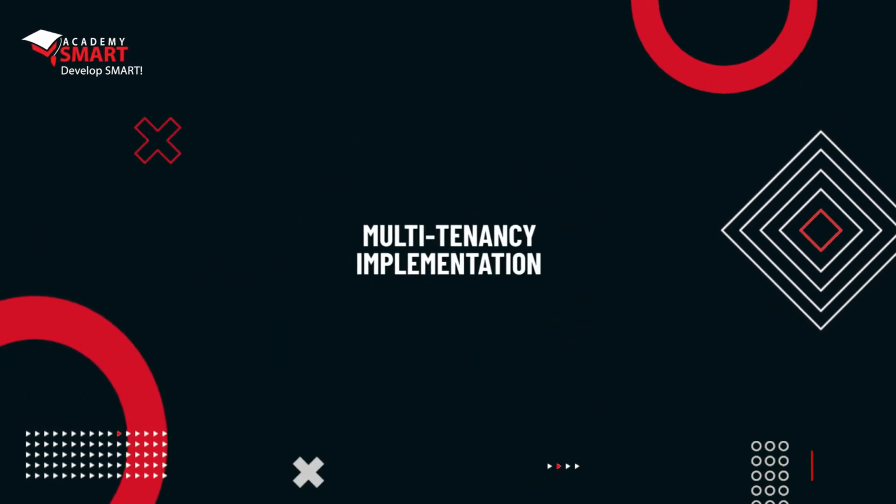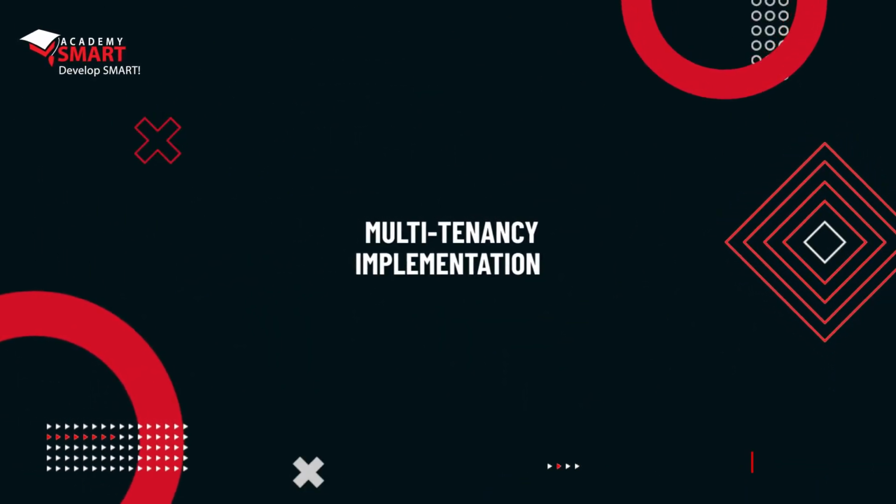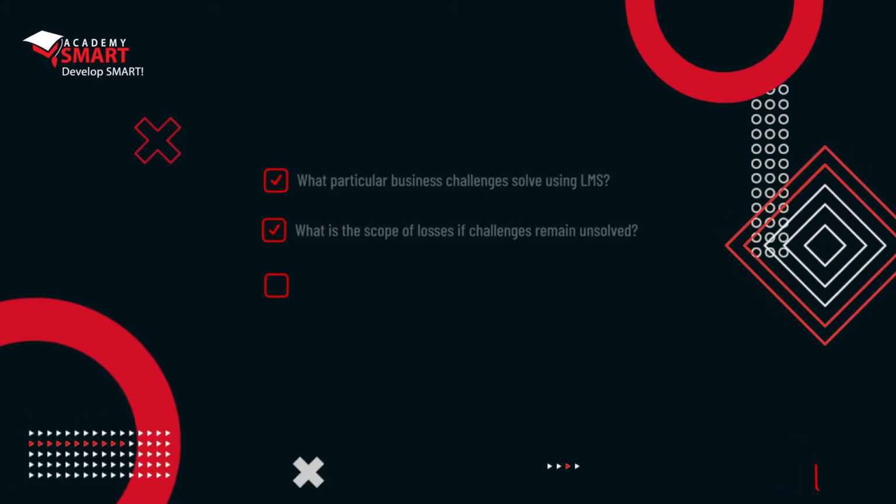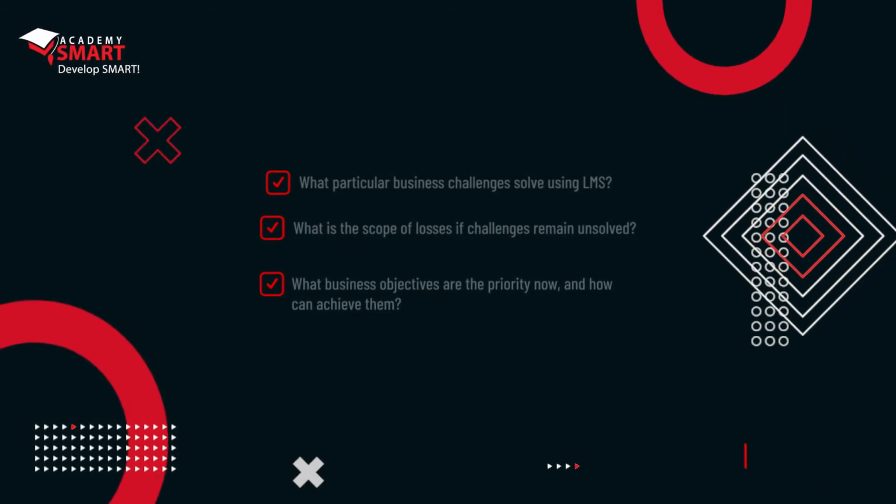So what are the nuances of multi-tenancy implementation? There are two main factors influencing the choice of an LMS implementation model: what value do they expect to get from this solution, and what might be the expected return on investment? So answering the questions below might help you to outline the implementation strategy.